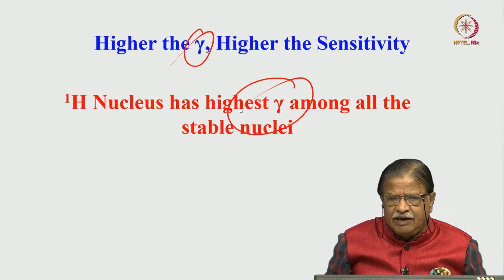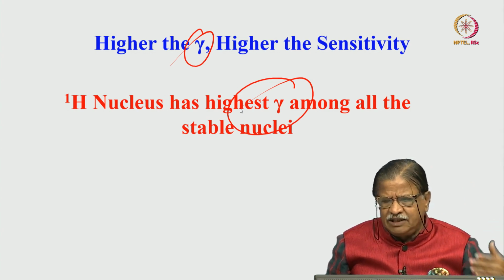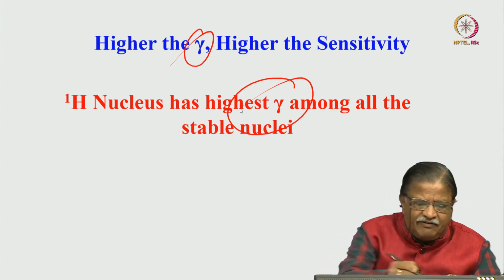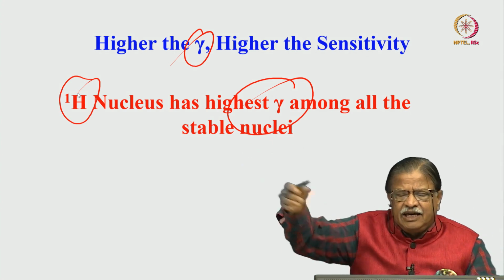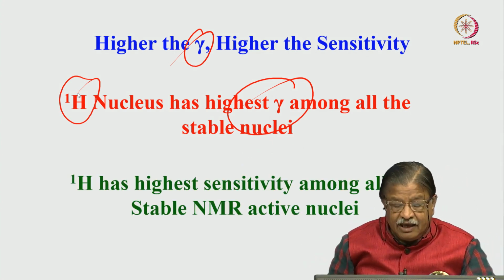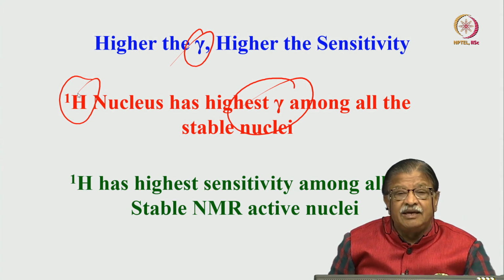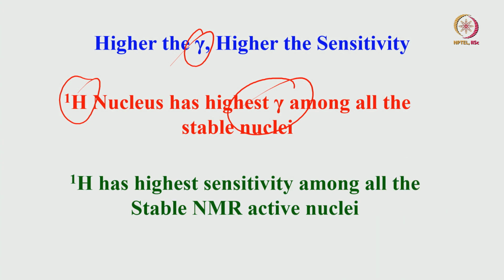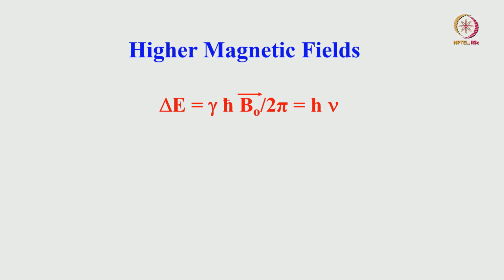I told you, it depends upon the mass of the nucleus, and this is the lowest one. It is not heavy at all compared to all other elements in the periodic table. So the proton has the highest sensitivity because of the highest gamma.